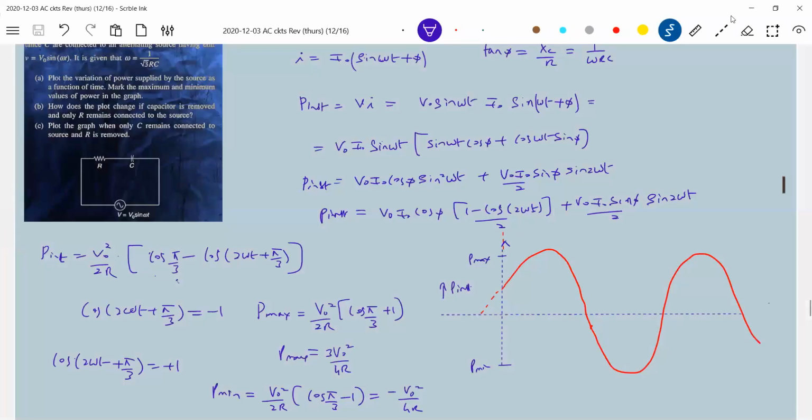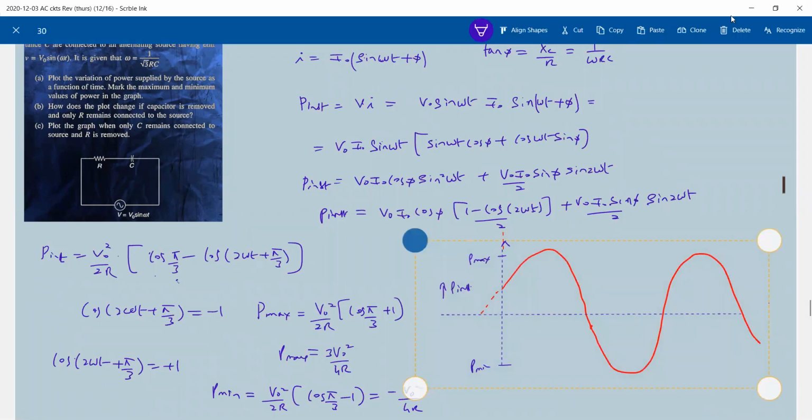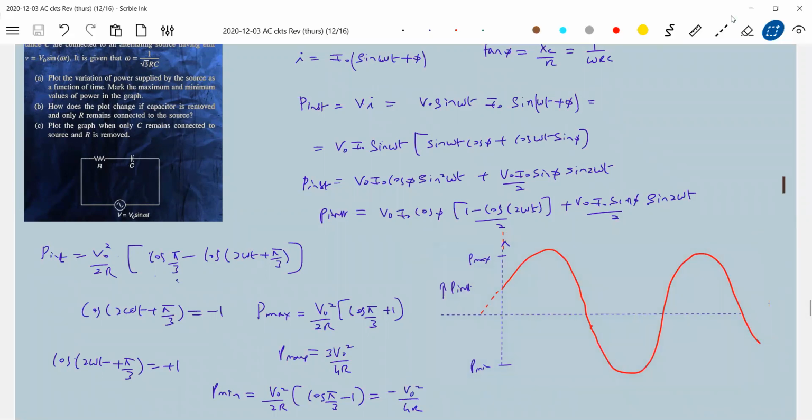Okay, this graph is not correct. I will take the graph out. We should just shift this graph up, sir. Okay, this axis should be... I'm not very sure because I have to verify it.